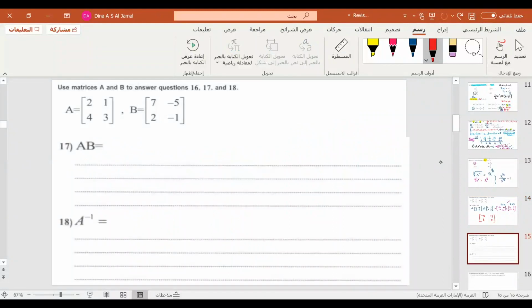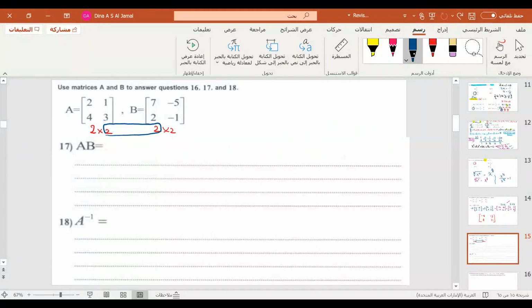Now, same matrices, but they would like you to multiply. So whenever you would like to multiply two matrices, you have to check the inner dimension. So this dimension is 2 by 2. This dimension is 2 by 2. So check the inner dimension, they are equal.